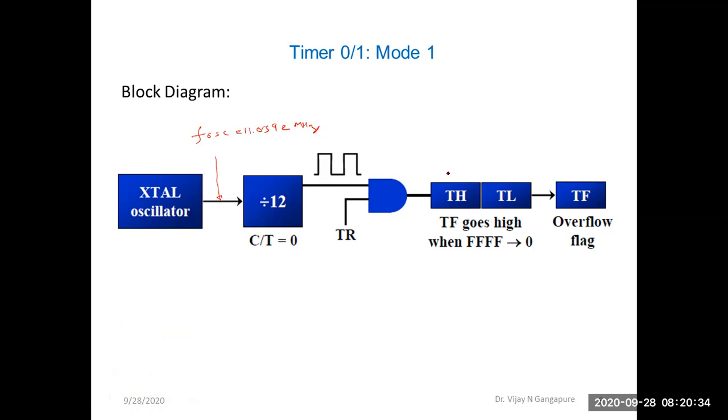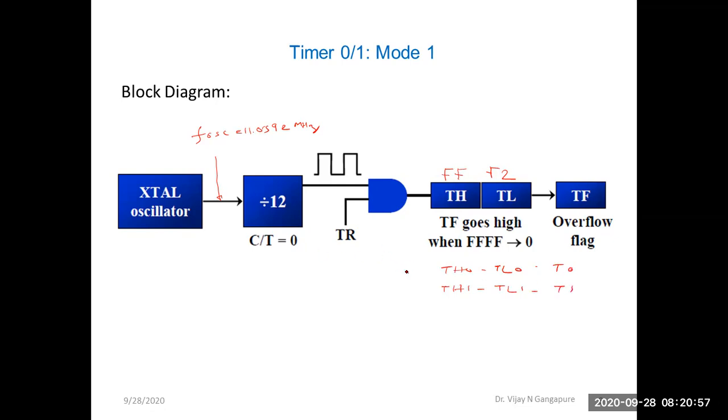And again, these registers are loaded with the initial value FFF2 in TH and TL, that is, TH0 and TL0 in case of timer 0, and TH1 and TL1 in case of timer 1.